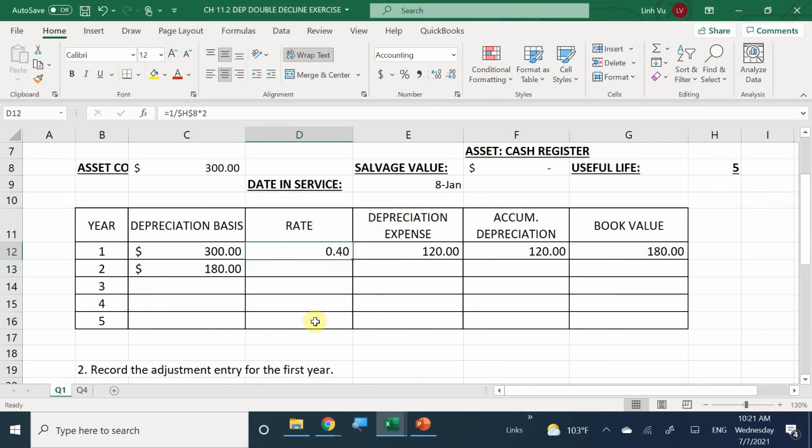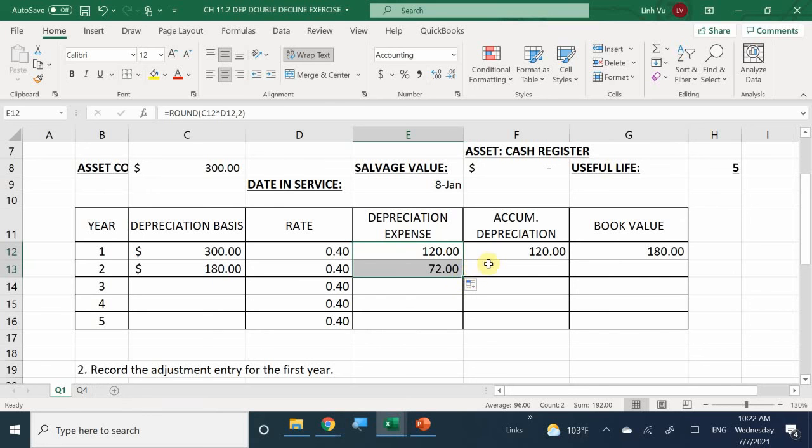So what's my rate going to be this time? The rate stays the same throughout all 5 years. So now what's my depreciation expense going to be for year 2? $72.